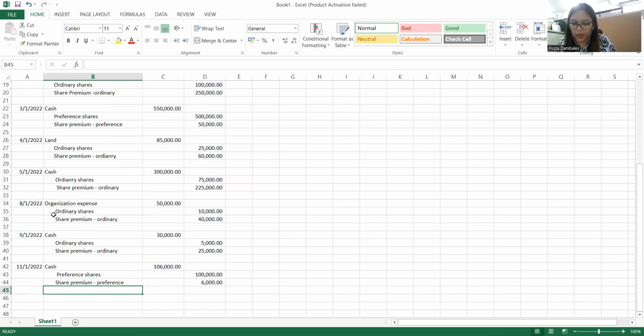Of Villarama Corporation. Then the next one is, let's post it to the shareholders equity, no? So pag i-post yan, I will not show you the posting, syempre account lang yan or ledger. Now, what we're going to do next, let's prepare the share capital section, using these transactions, no?